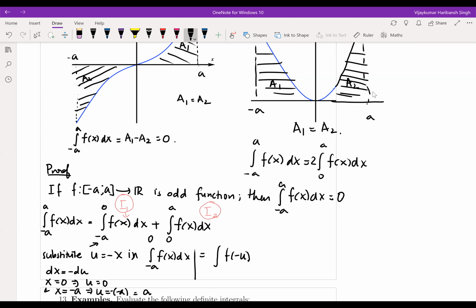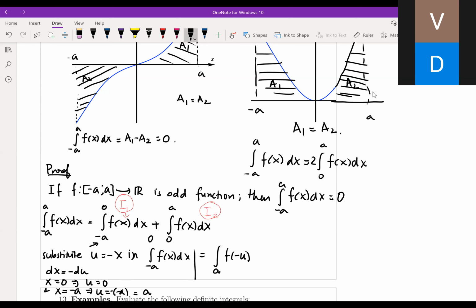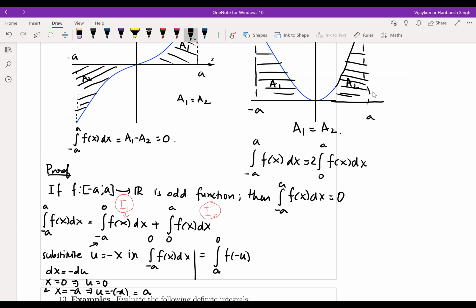So the limits will change: instead of minus a, I will have a, and on top I will have 0. Instead of dx, I will have minus du, so I'll have du with a minus sign. All right. So this minus sign outside will change the order of integration. We have f of minus u du.